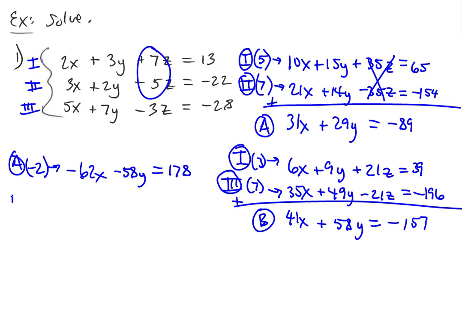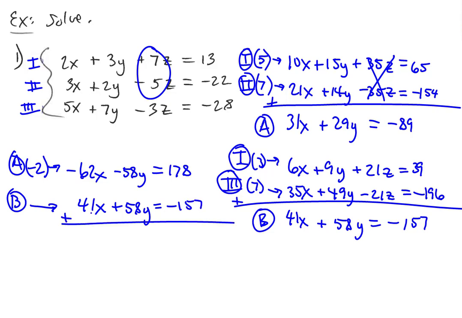And then I'm going to take equation B. Our whole point is to get these y terms to eliminate, but that's already set up to happen if I just leave B as it is. So I'll just copy it down. Of course, it's 41x plus 58y equals negative 157.